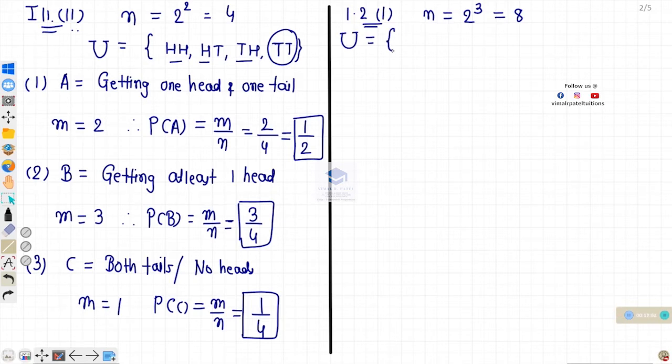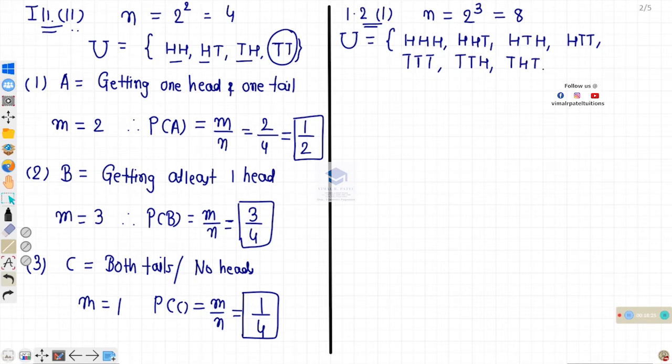So HHH, HHT, HTH, HTT, TTT, TTH, THT and THH. These are the possible outcomes. Your n sample space.